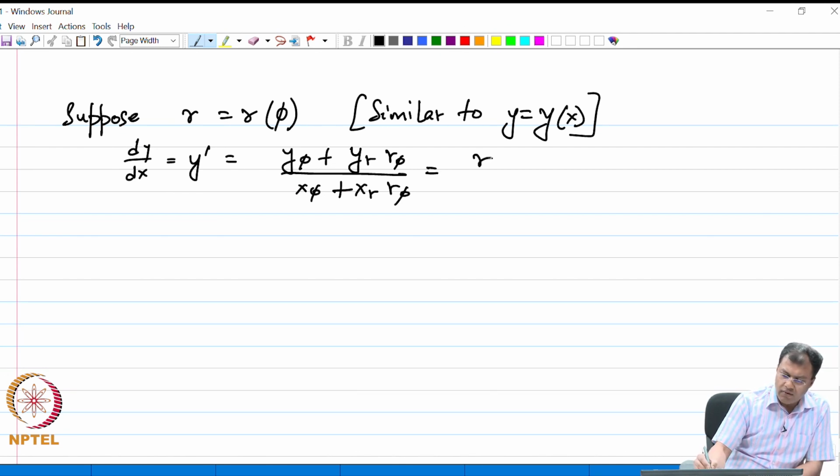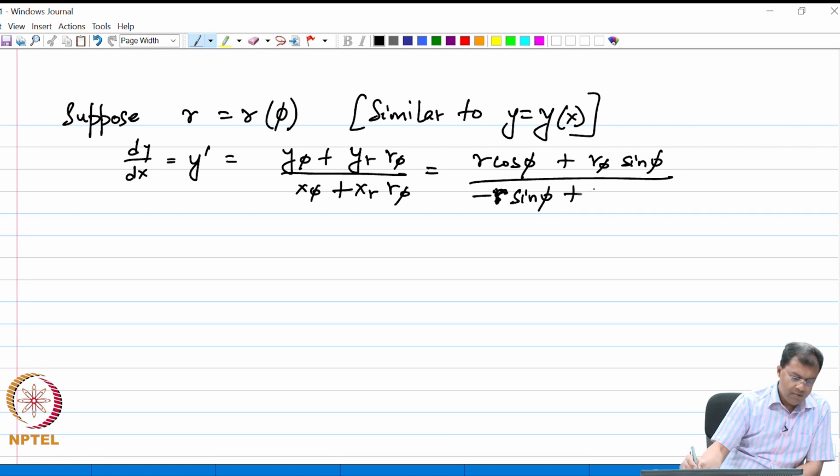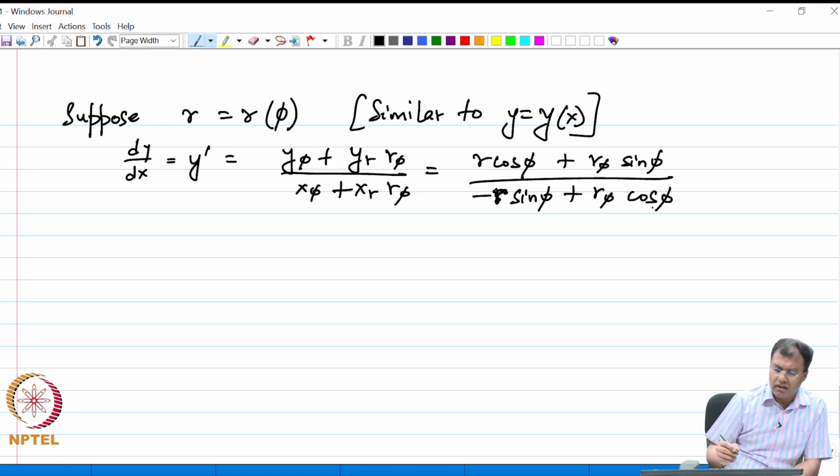So, this is also equal to r cos phi plus r phi sin phi divided by minus r sin phi plus r phi cos phi, right, after just plugging in all the expressions for x and y.